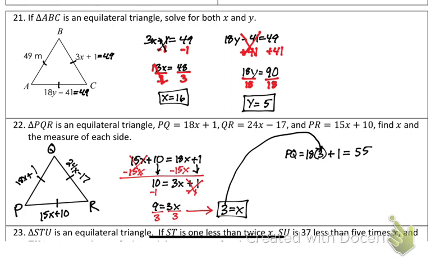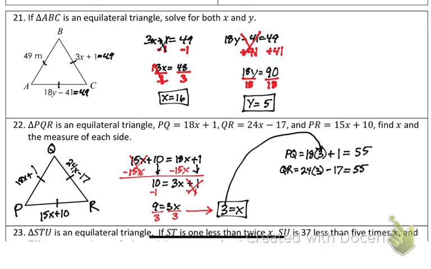To find QR, instead of 24x minus 17, we're going to do 24 times 3 minus 17, which I'm not going to wait for just only 2 people with calculators. That should be 55.